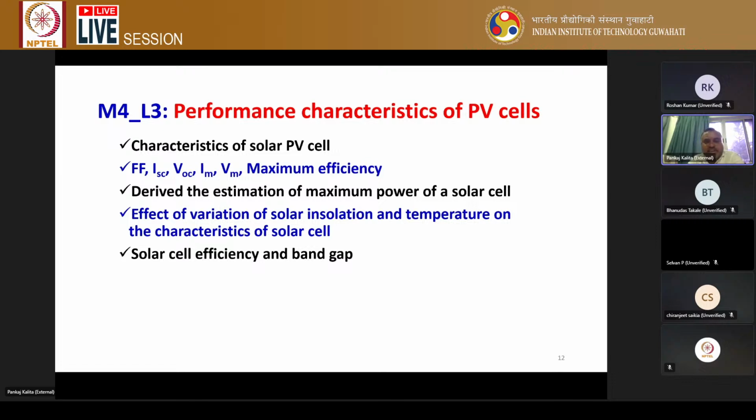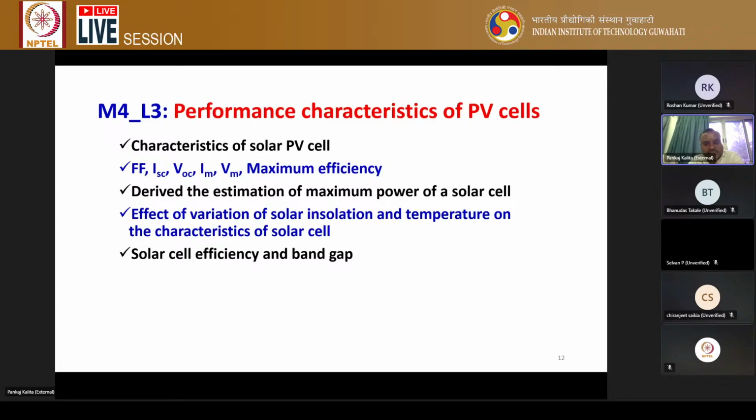And also we have derived the estimation of maximum power of a solar cell. So we can have solar cells, get the parameters, do the analysis, and find out the maximum efficiency. Apart from that, theoretically also we can maximize and estimate the maximum power delivered by a single cell.